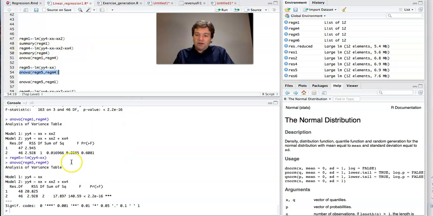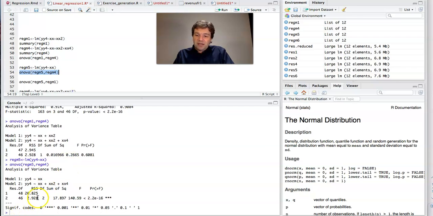In this case, if we run it, we have this. And we can see that the residual sum of squares is really high for model 1, which only considers age. We have 20.825. In the case of the model with 3 covariates, we obviously keep the same residual sum of squares, 2.928, and here a p-value which is really smaller than 5%.